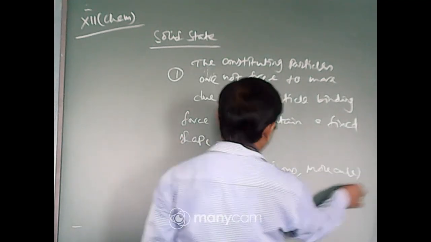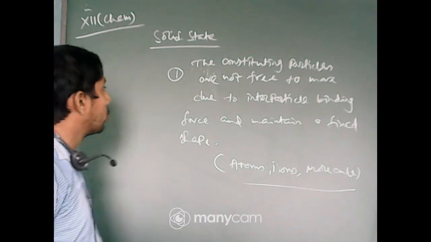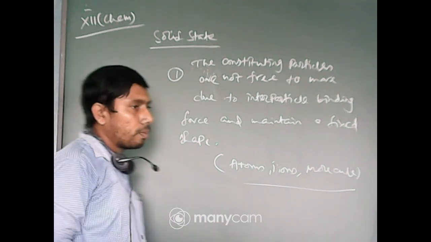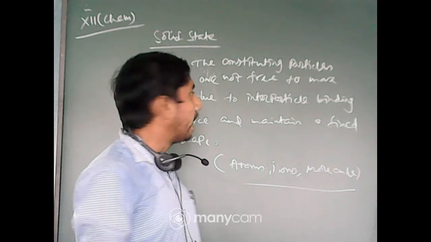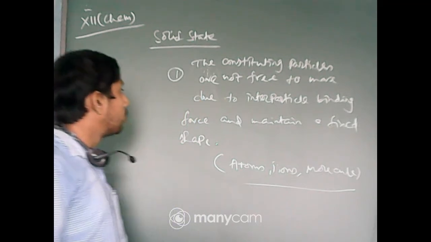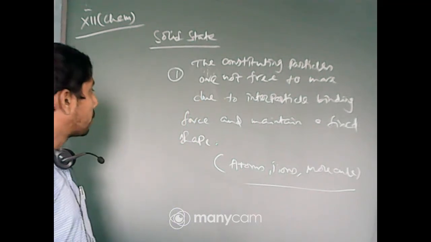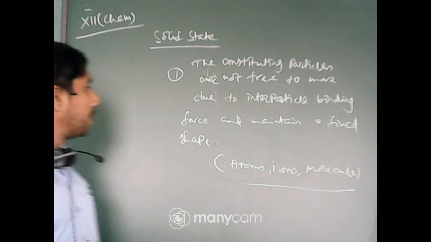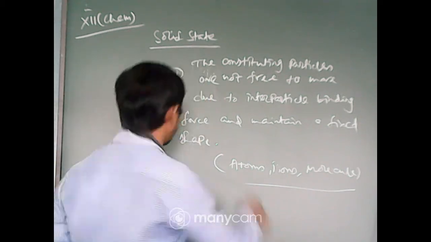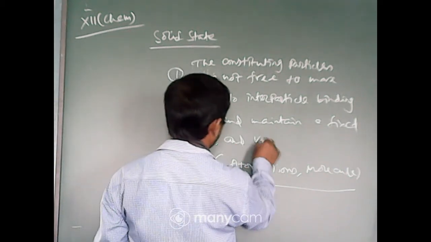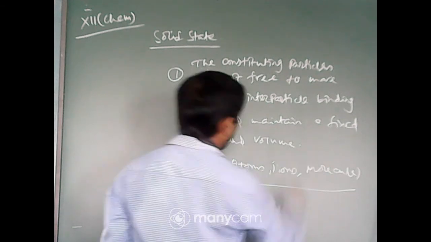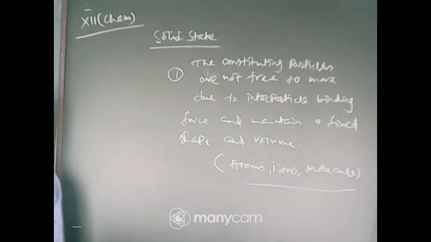So when atoms, ions or molecules are arranged so that they are not free to move due to the interparticle binding forces and maintain a fixed shape and also volume, then it would be called a solid. So that is the definition of solid.